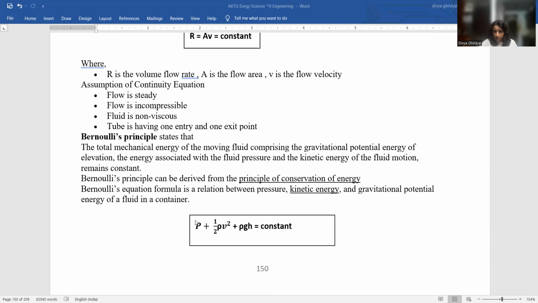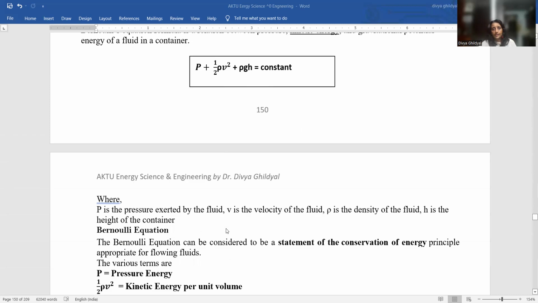P is pressure, half rho v square I can correlate to kinetic energy, and rho gh I can relate to gravitational potential energy. So V is the velocity with which the liquid has entered my tube, or my pipe, or wherever I am doing my experiment.